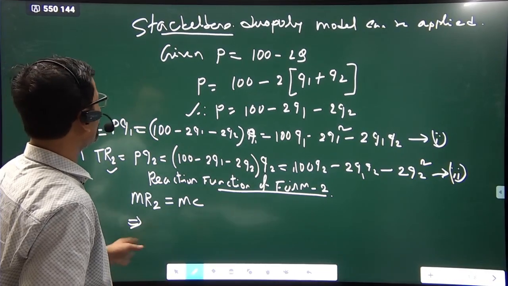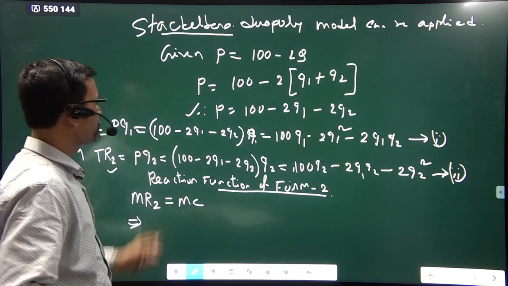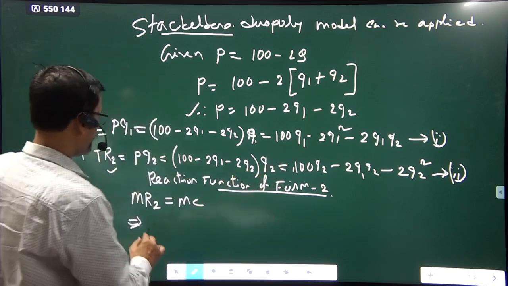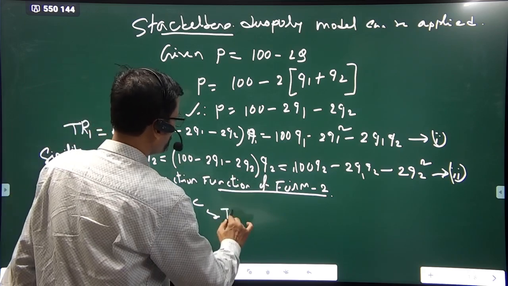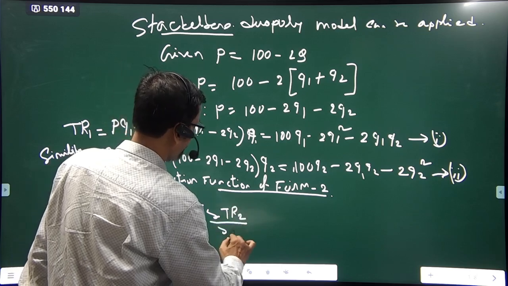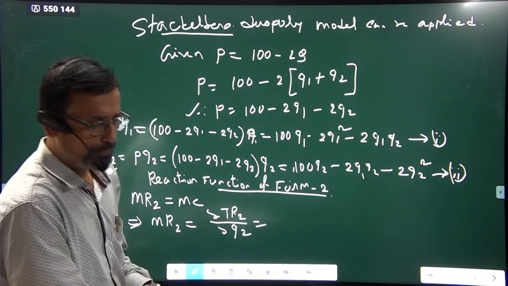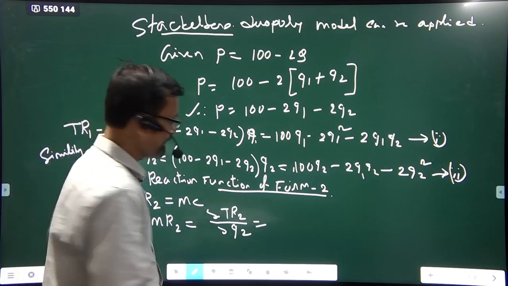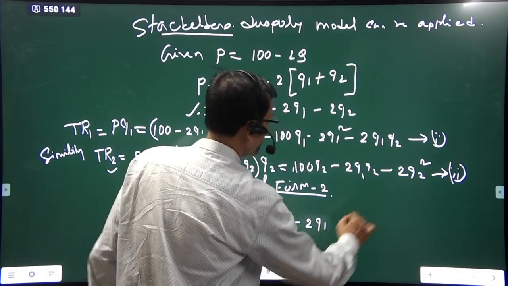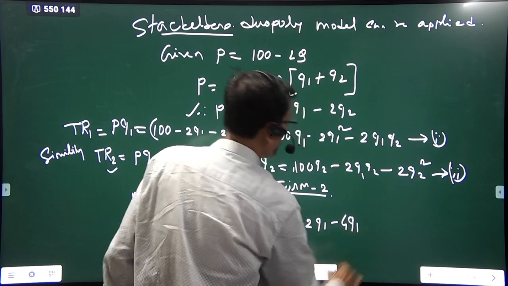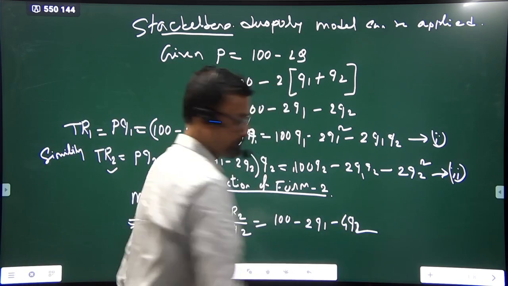In order to find the marginal revenue in firm 2, you differentiate the total revenue of firm 2 with respect to Q2. Then we will get the marginal revenue of firm 2, which is 100 minus 2 Q1 minus 4 Q2.